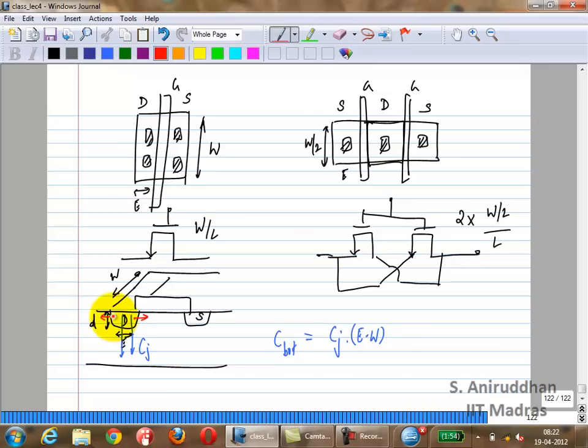That you cannot change. So it just depends on the perimeter, to E.